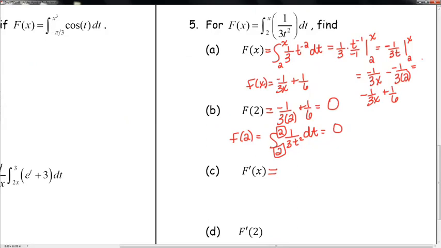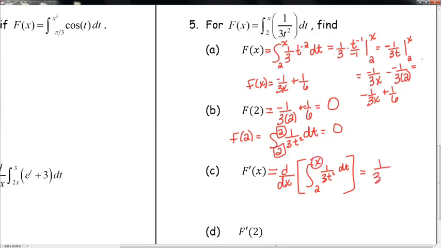If I want to find f prime, that's going to be the derivative with respect to x of the integral from 2 to x of 1 over 3t squared dt. And again, your derivative and antiderivative essentially cancel each other out, so we're substituting in our x.